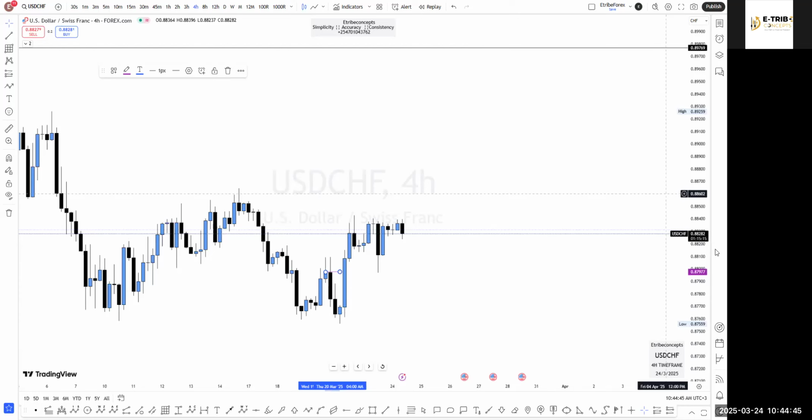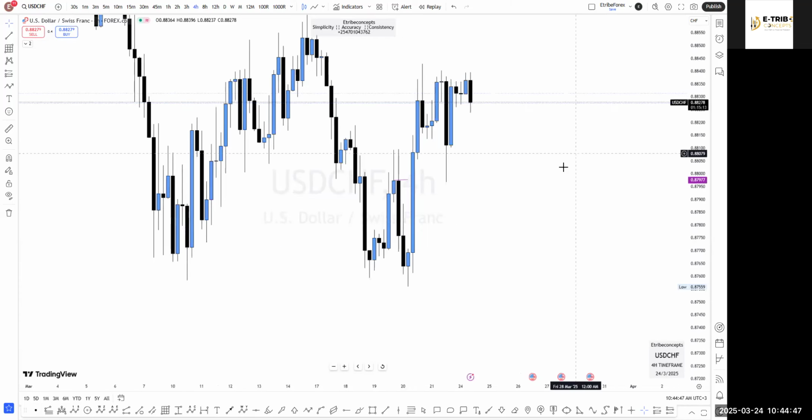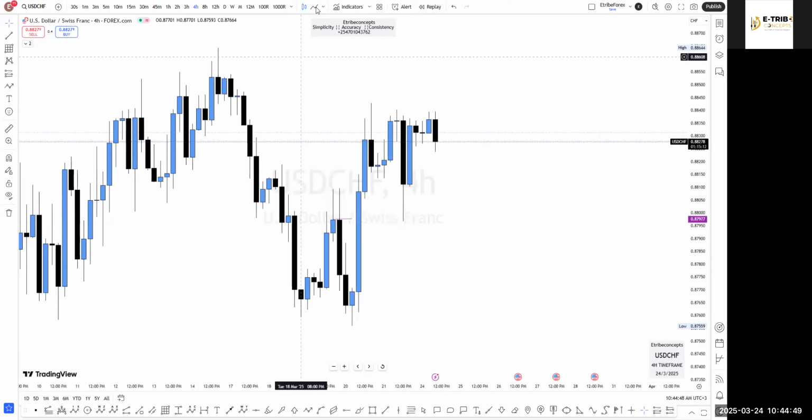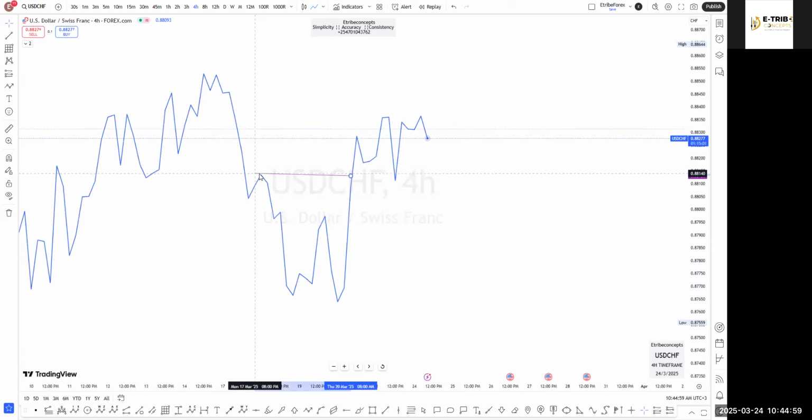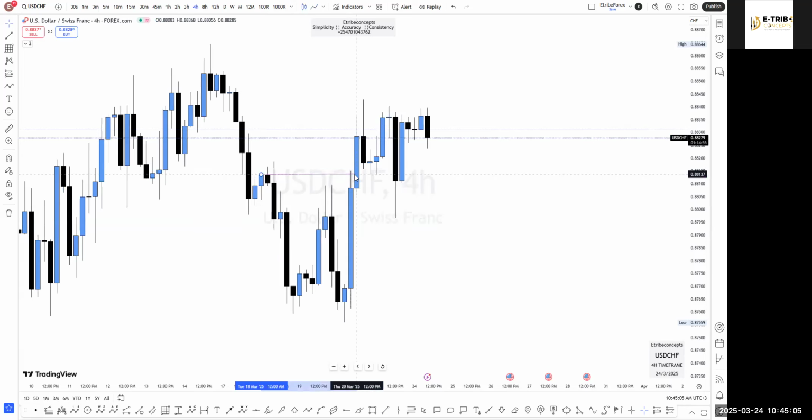When I look at this structure very well on 4 hours, there are a couple of things I can see. We had this major shift point, and it's a reversal to facilitate the pullback.